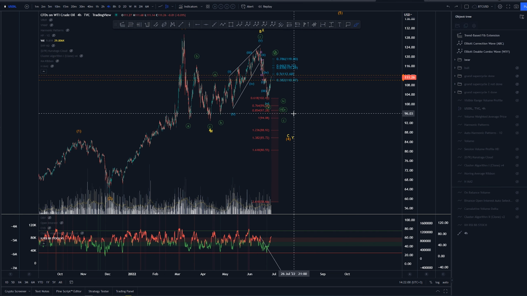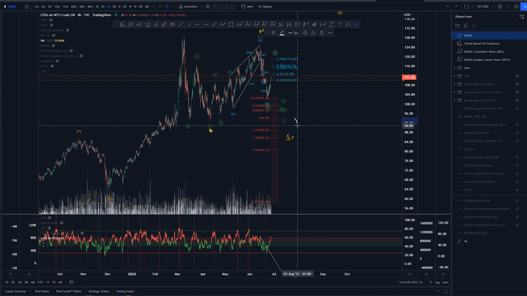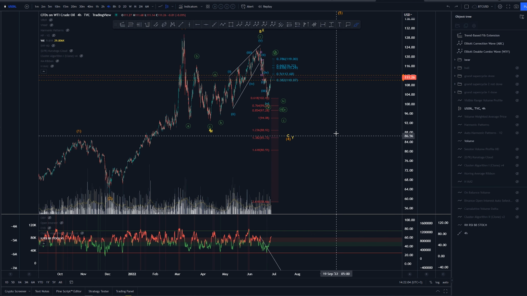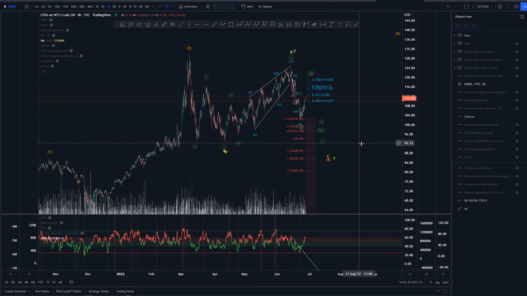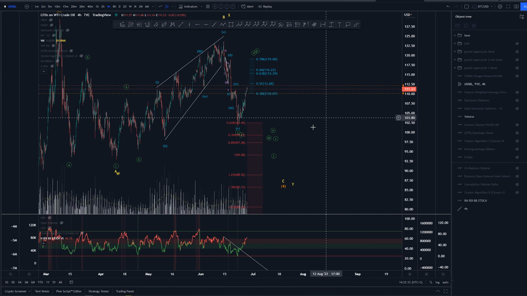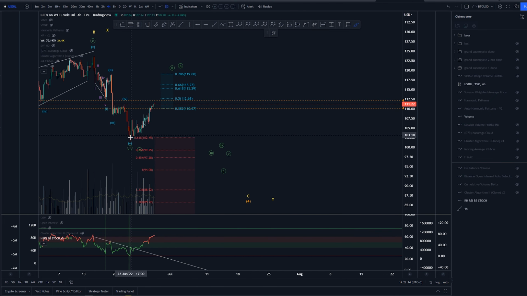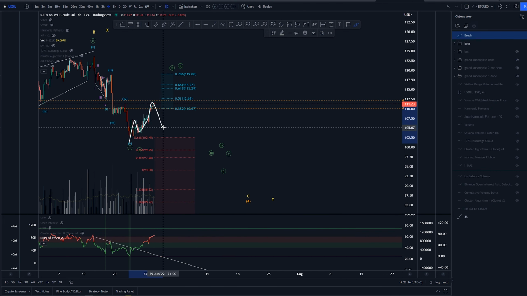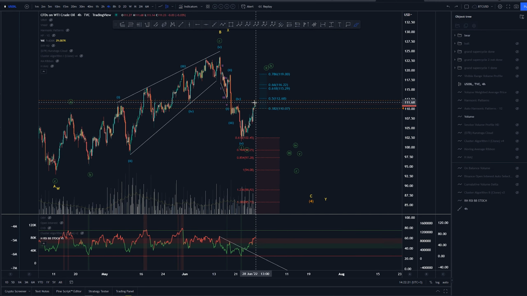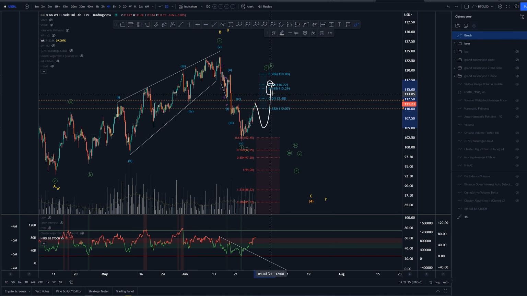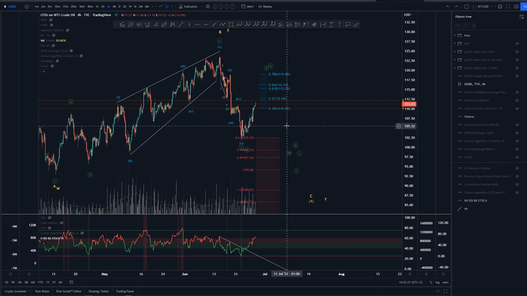So we could see some kind of swing failure pattern and then head higher. Those are the plays I'm going to be looking for on USOIL at this moment. This might take some time. We could be looking at something like this and then getting up. But we'll see. I'm not going to be playing this reach back, just looking for these levels that I have pre-set up.